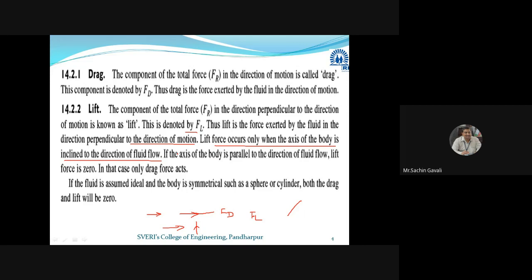Once again, I request everybody, many students have not submitted quiz number one. Yesterday only I discussed this, and only 40 students have submitted. So I am going to close it today, last chance. For us, it is very easy to lock the quiz and give whatever the existing marks are. But still, many students are taking it casually and not submitting these quizzes in time. There is a time limit.